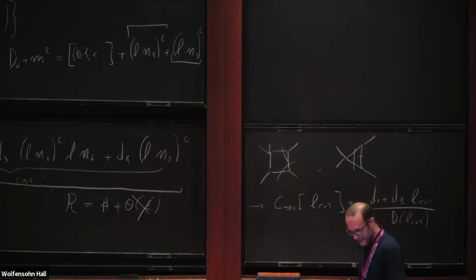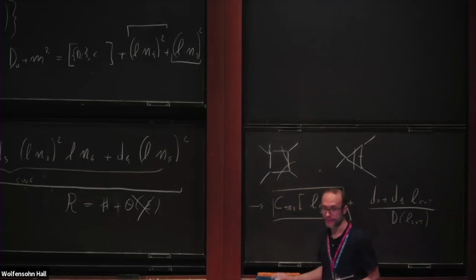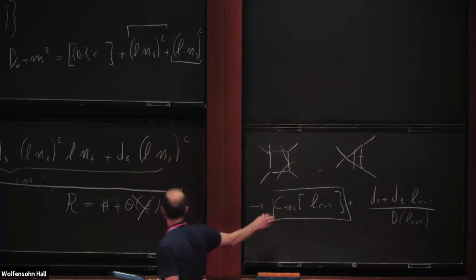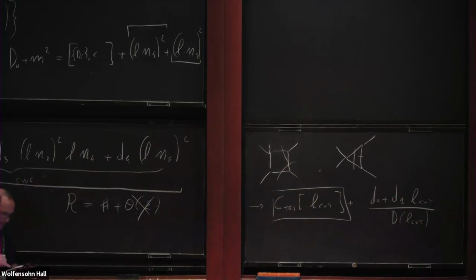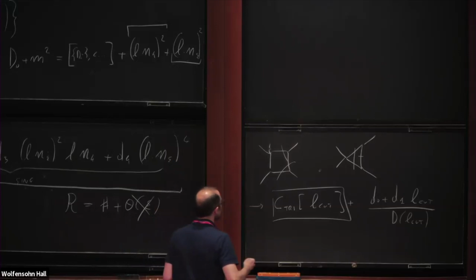So it's not straightforward to extract what we want, which is this object here. And as I said before, similarly to the box, that object has a decomposition with a lot of pieces I don't care about, and one piece, which is the triangle coefficient. Okay. Now, how do we do it?